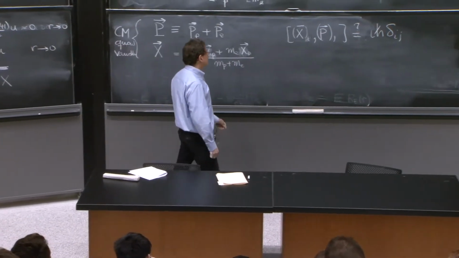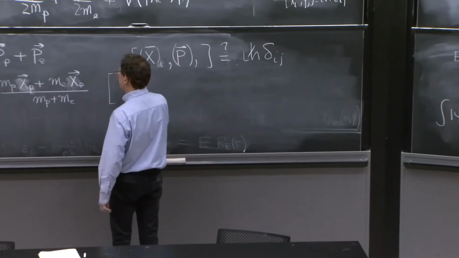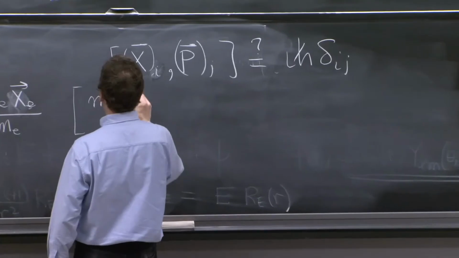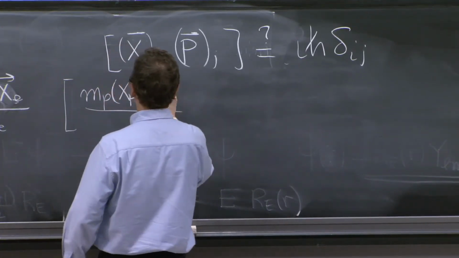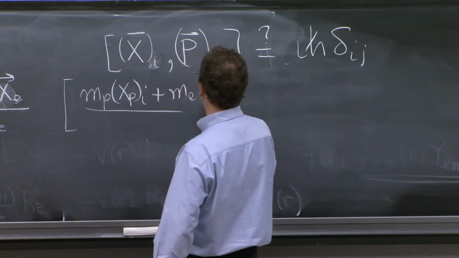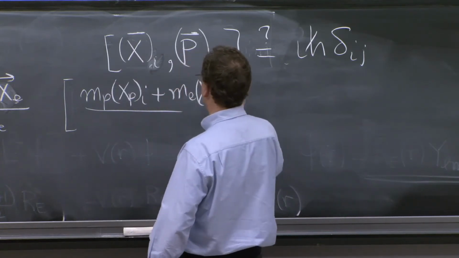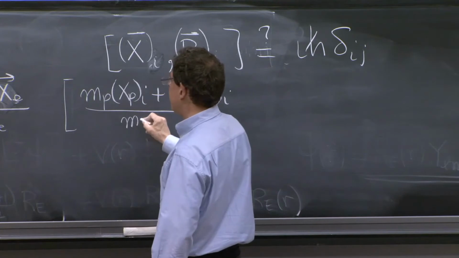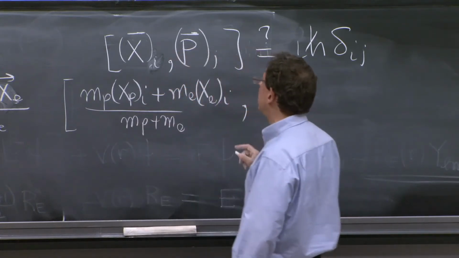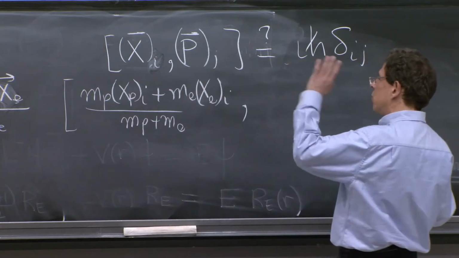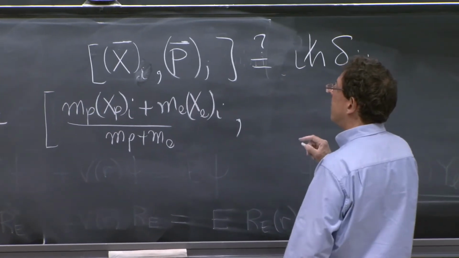Because here, let's do this one. You will have M_P X_Pi plus M_E X_Ei over M_P plus M_E. You see, once you do one, all the rest you should be able to do just without thinking.